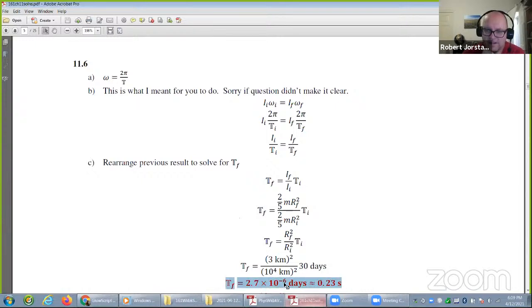The final period is 0.23 seconds, a quarter of a second. Instead of taking 30 days to rotate, this star is going to speed up and rotate 4 times every second. That is insane.